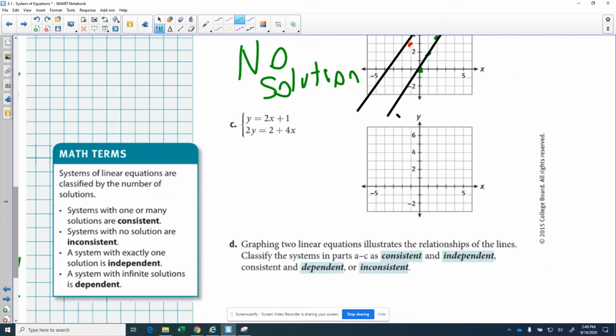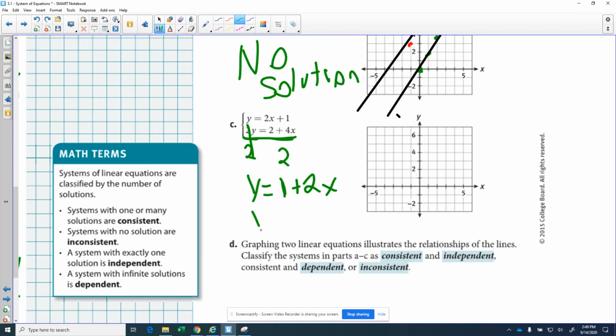y equals 2x plus 1, and then 2y equals 2 plus 4x. Same concept here: I have to be able to solve this out and graph it. First off, let's simplify this bottom equation. If I divide the 2 out to both sides, it cancels here, and on the other side I'm left with y equals 2 divided by 2 is 1, and then 4 divided by 2 is 2x.